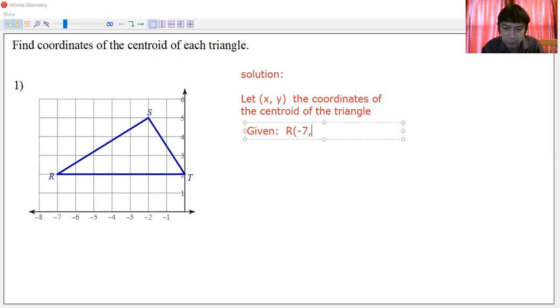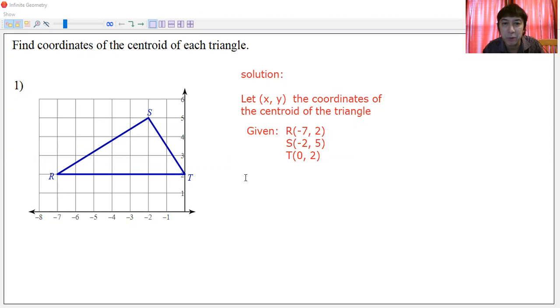Then we have the next, S. That will be -2, 5. And of course, our point T is at 0, 2. So we have the given.